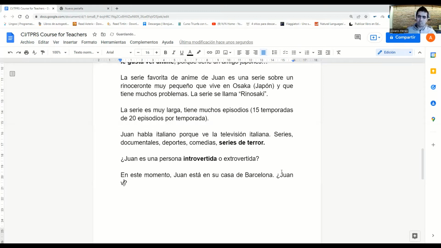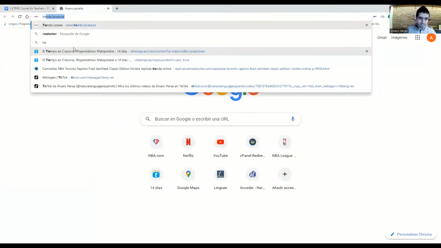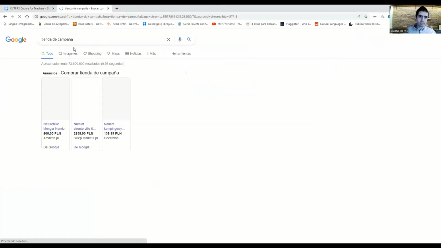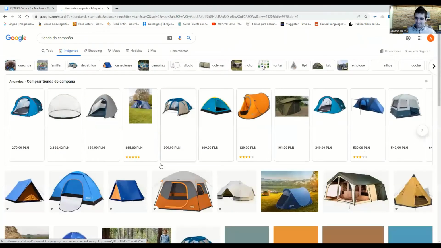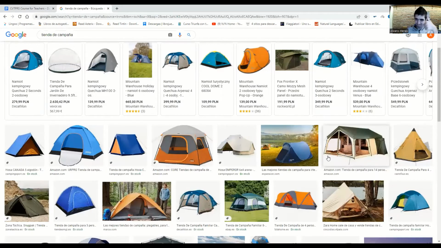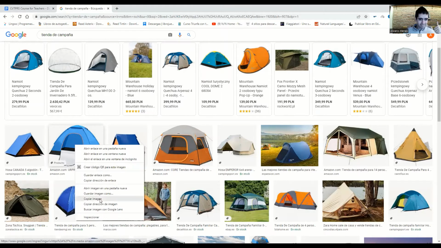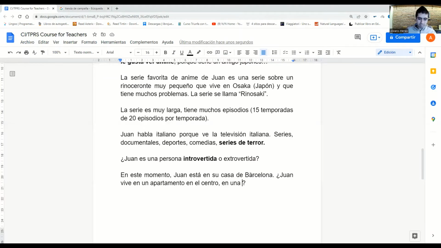All right. Y Juan vive en un apartamento en el centro, and here you can start introducing sort of weird details, like for example, en una tienda de campaña, ¿sí? Yeah, can you say it again, the word for that? Sí, en una tienda de campaña.